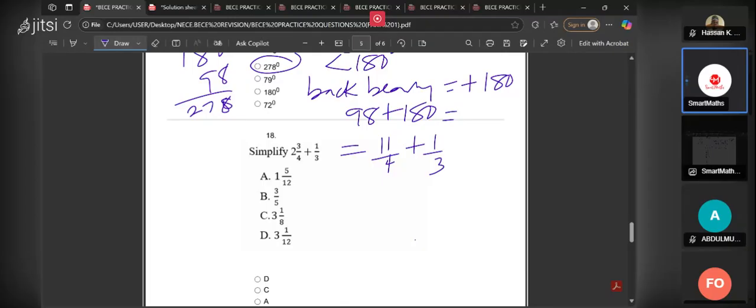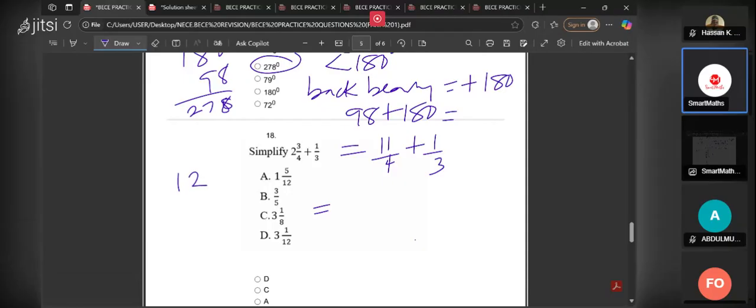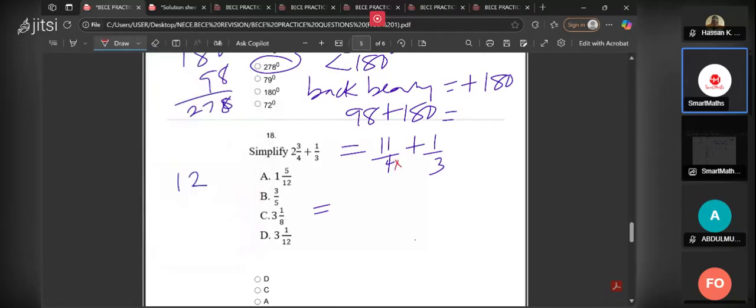We cannot add it like this unless they have the same denominator. So we find the LCM of the denominators, 4 and 3. The LCM of 4 and 3 is 12. What we multiply 4 by to get 12 is 3, and we multiply 3 by 4 to get 12.